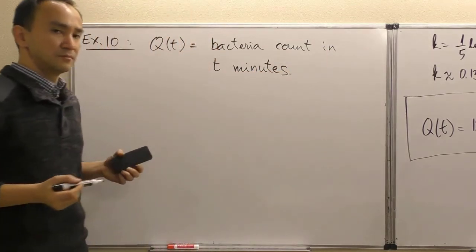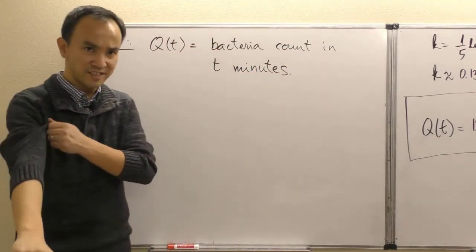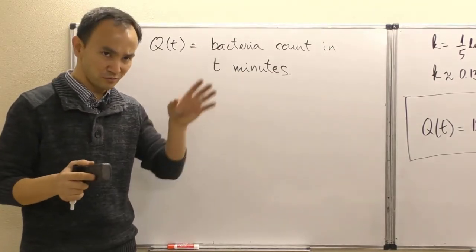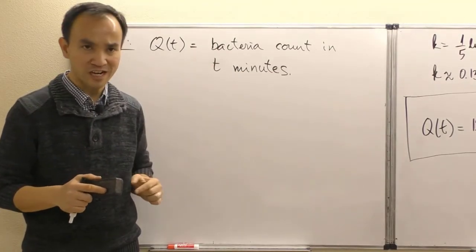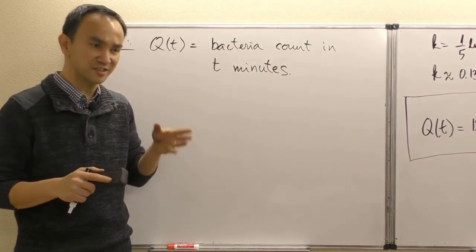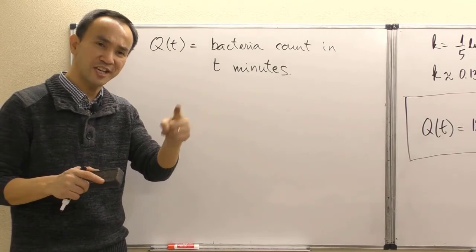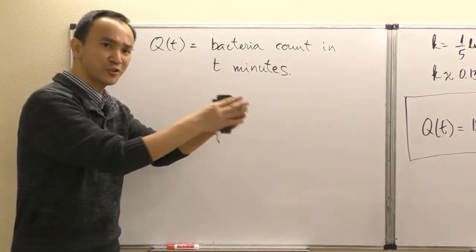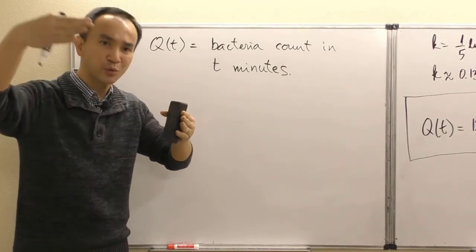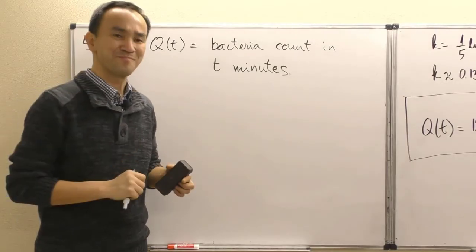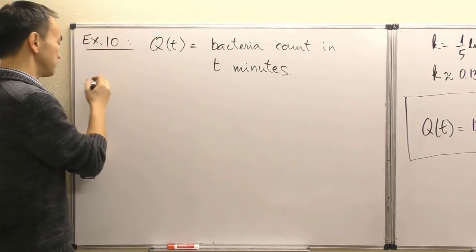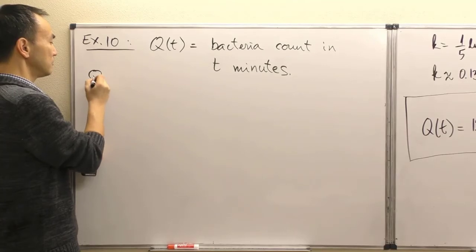The reason I was saying that we did not really know is that the problem did not give us the initial time. Right at the beginning, all it says is the count of bacteria was already 800 after 10 minutes. So whatever the initial amount is, it already grew to 800 in 10 minutes. That's all we know. So do we know Q of 0 this time?